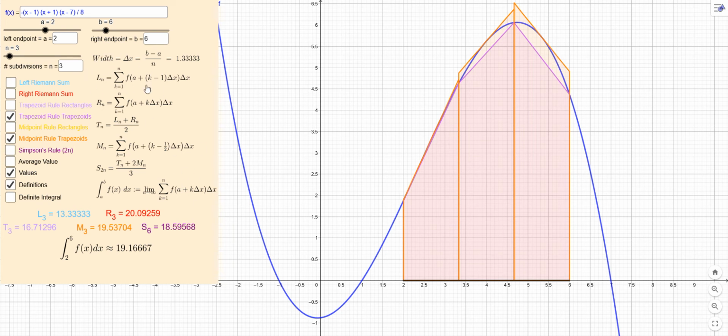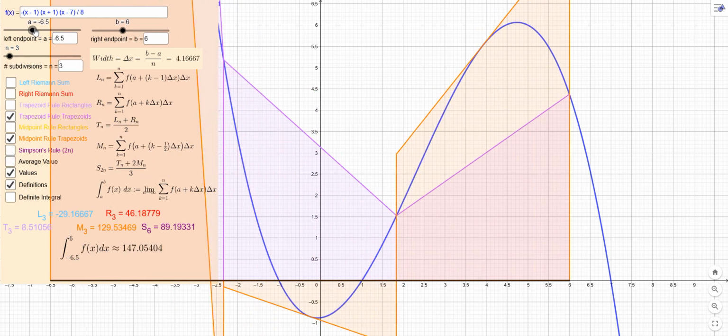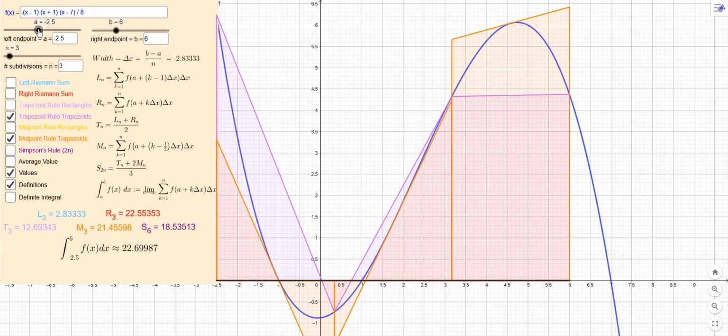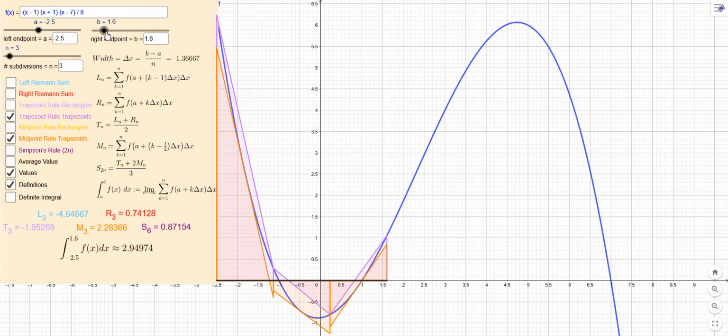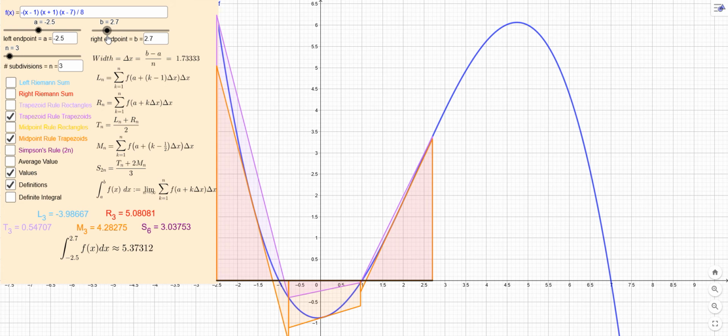Now, if we're looking at a portion over here where it's concave up, notice it's exactly backwards from that. Say right in here, let's just go to 0.